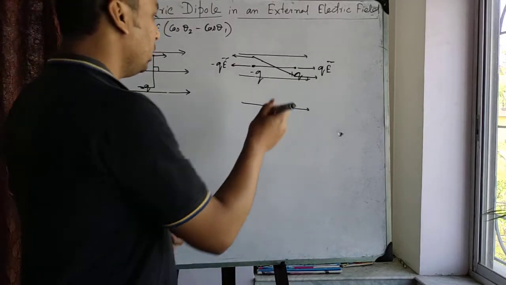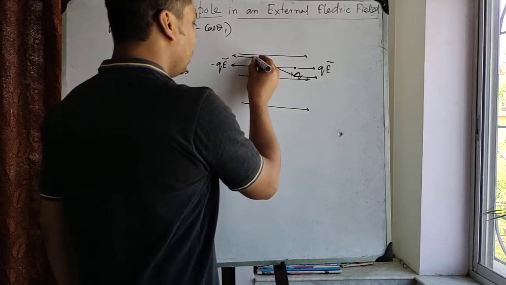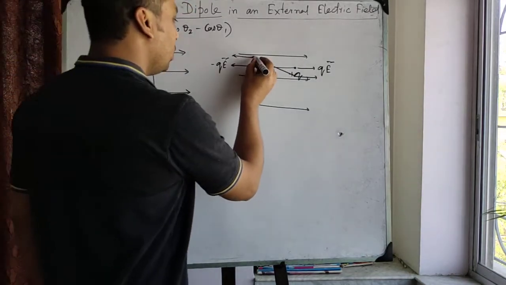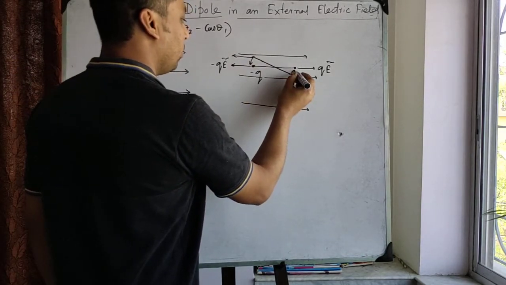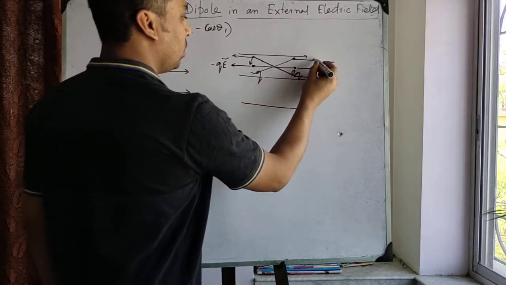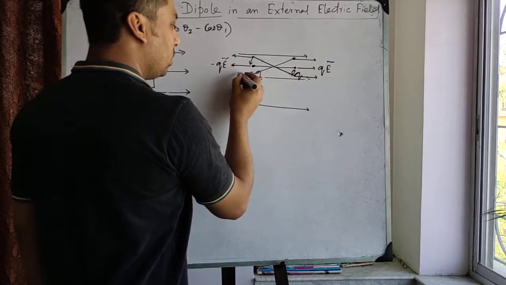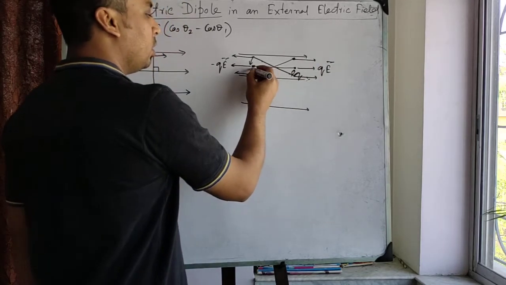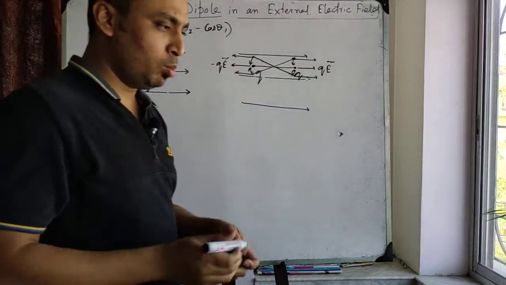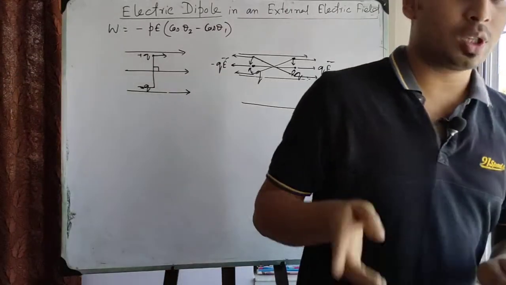Is it clear? It will come to its previous equilibrium position again, because this will rotate the dipole in this way. If you disturb in this direction, plus QE and minus QE will act, and the dipole will be rotated in this direction. So it will regain its equilibrium position again and again if you disturb the dipole.